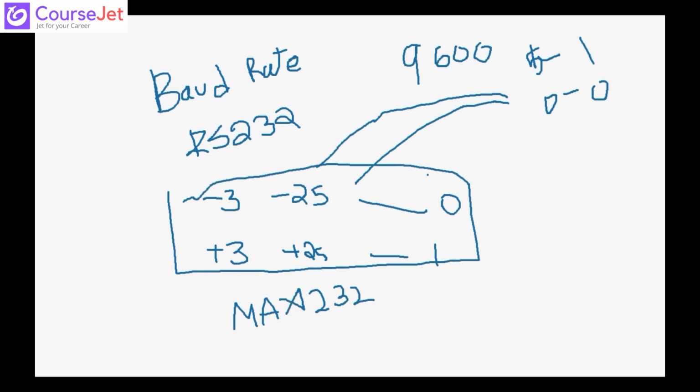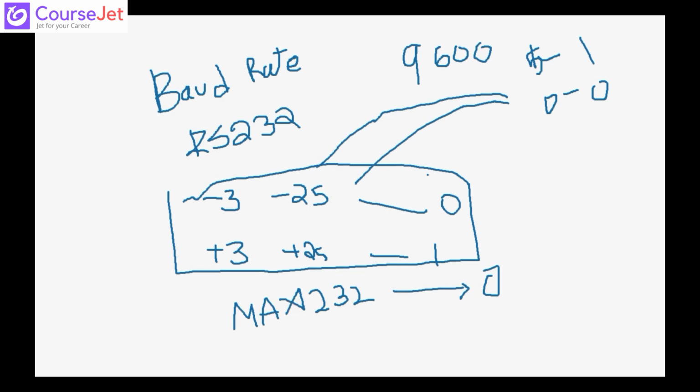Okay. So to implement this, we are using MAX232. In MAX232, whenever you are connecting any device which is using TTL compatible logic, whenever you get a signal from -3 to -25, it will make your microcontroller understand that it is logic 0.